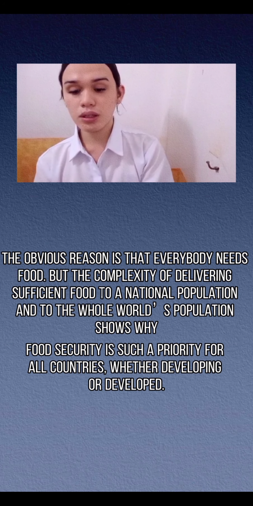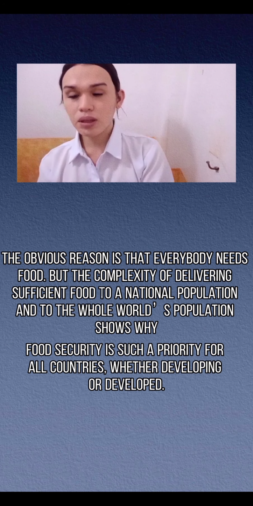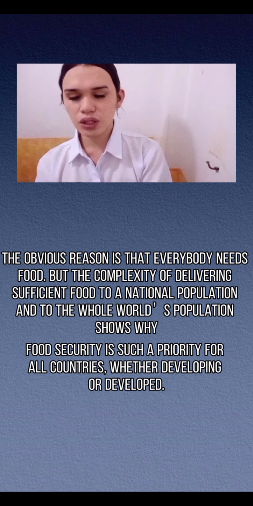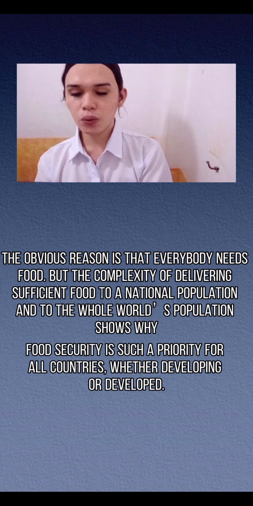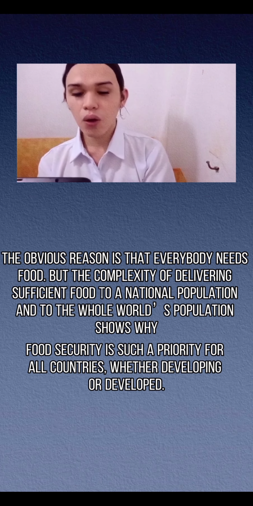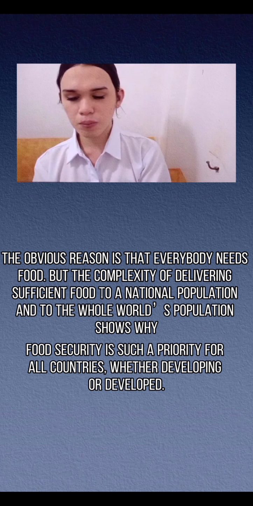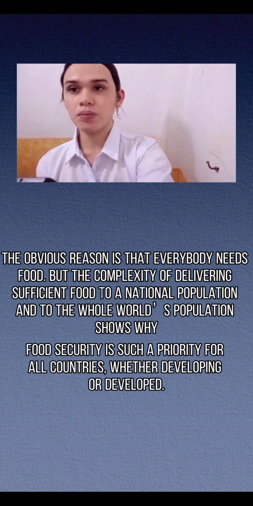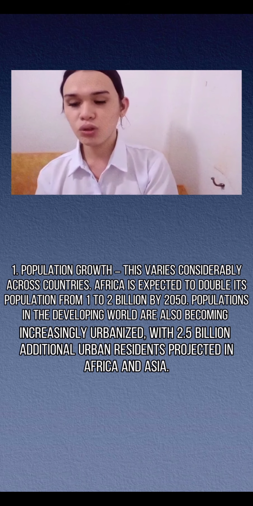The obvious reason is that everybody needs food, but the complexity of delivering sufficient food to a national population and to the whole world's population shows why food security is such a priority for all countries, whether developing or developed. Number 1. Population growth.